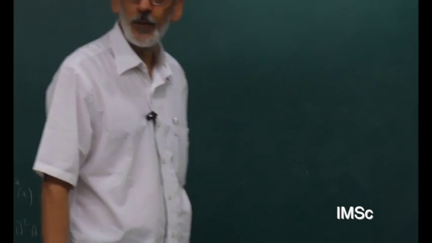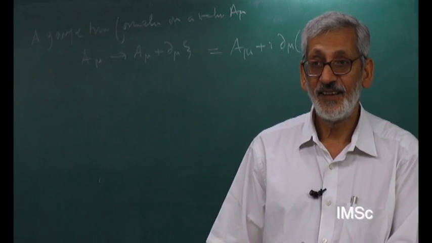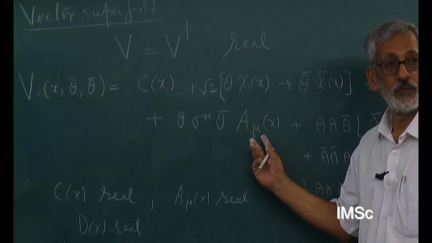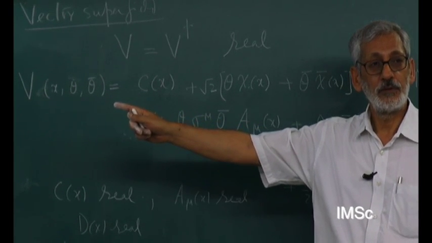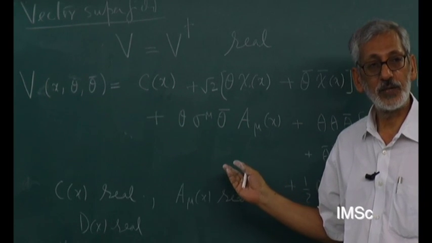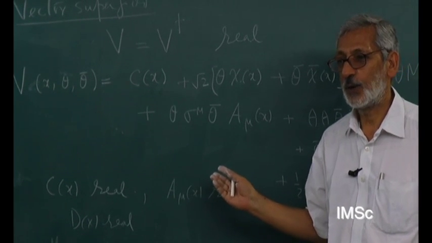So now, this is a real multiplet, self-conjugate by construction. If I add that to this real multiplet, it will change my A mu by that amount, which means it will implement on A mu a gauge transformation. Clear?